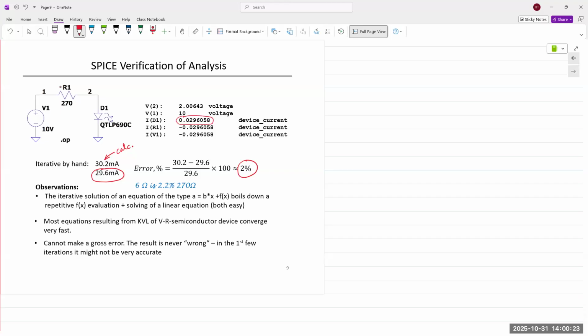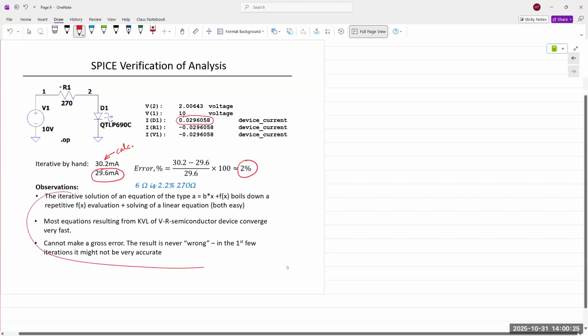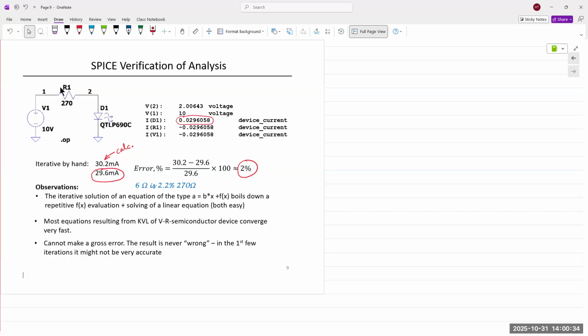Okay. So observations, please read through. Again, solving a linear equation and choosing a starting point. With modern devices, modern spreadsheets, software, tools, programmable calculators, iterating these equations doesn't take any longer than doing one equation. You press a button and it just solves it automatically.